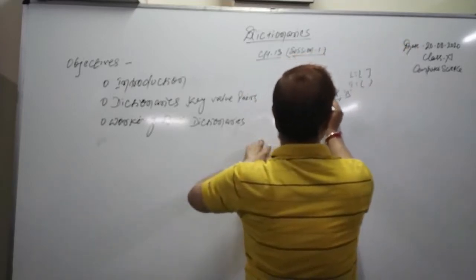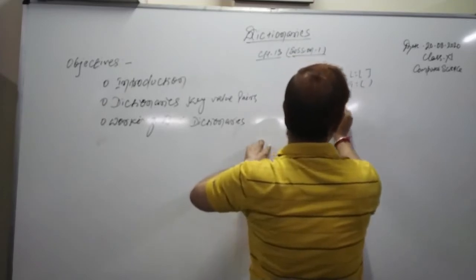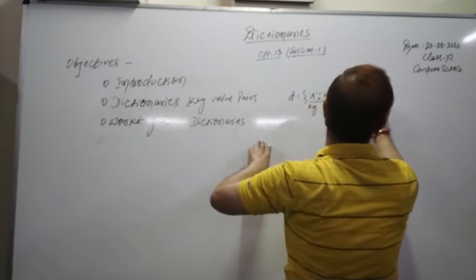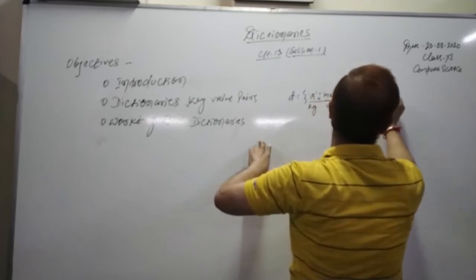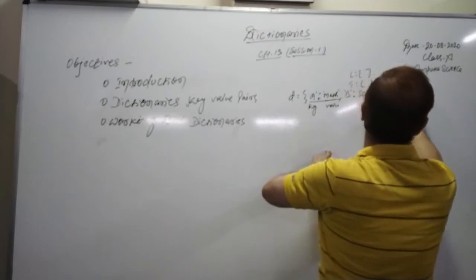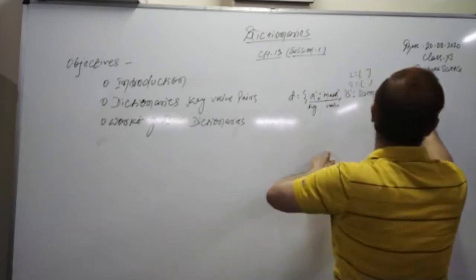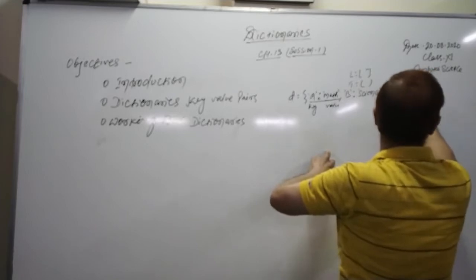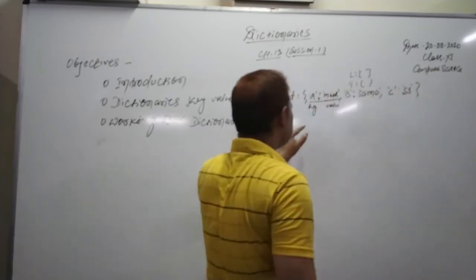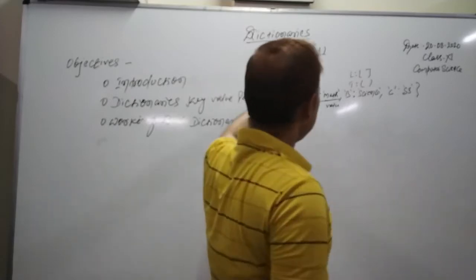So A, then colon, then the value, comma, then another key, then colon, and suppose science. Science I am mentioning again in single quotes, then again a colon, then suppose C again as a key, and suppose he or she used to teach SS, social science, and likewise, and you can close. This is how a dictionary is created in Python.